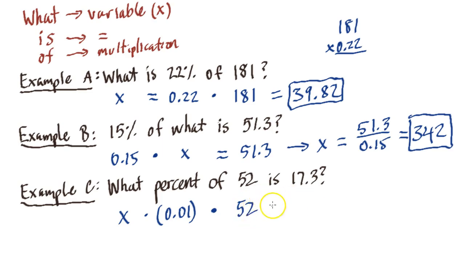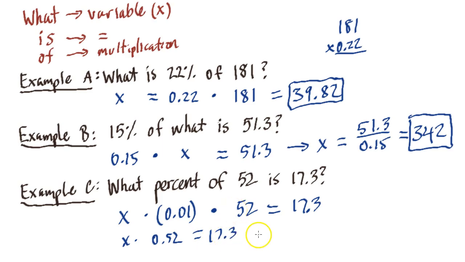52 is 17.3. Okay, so at this point, we want to solve for x. So we can multiply 0.01 by 52. So that becomes x times 0.52 equals 17.3.